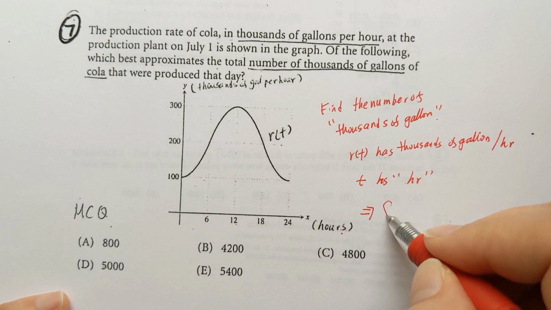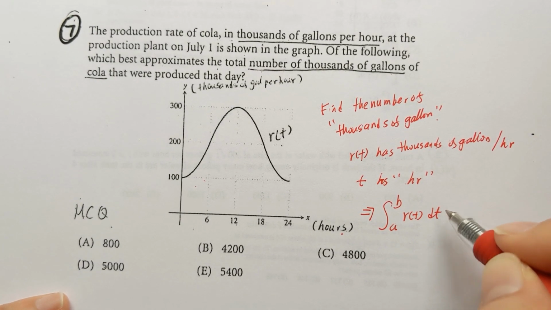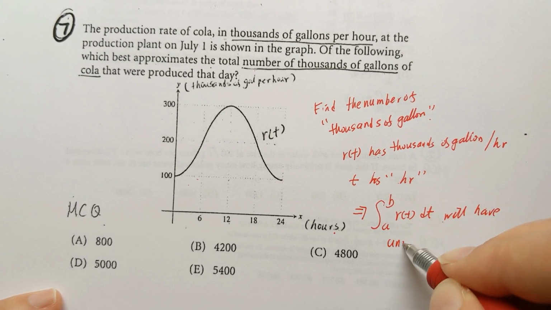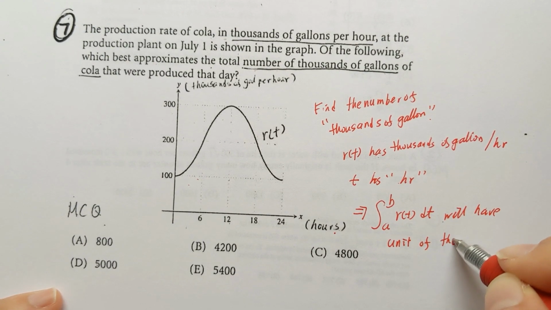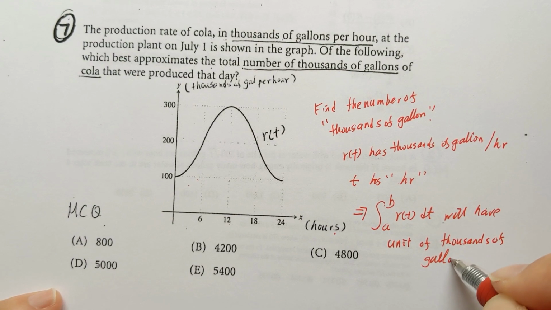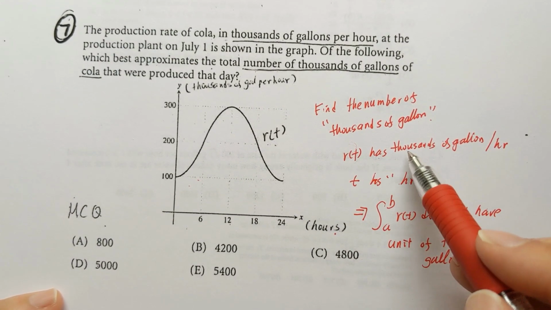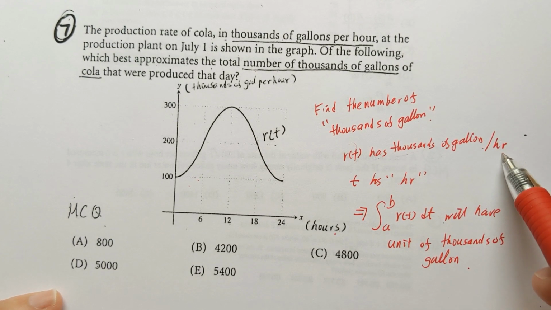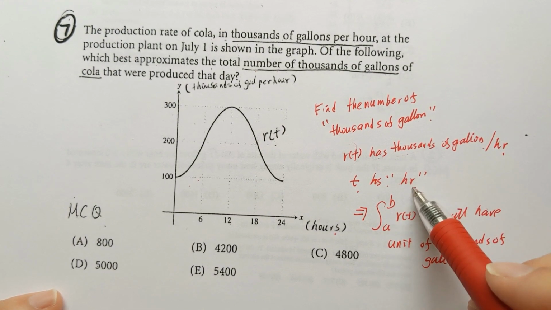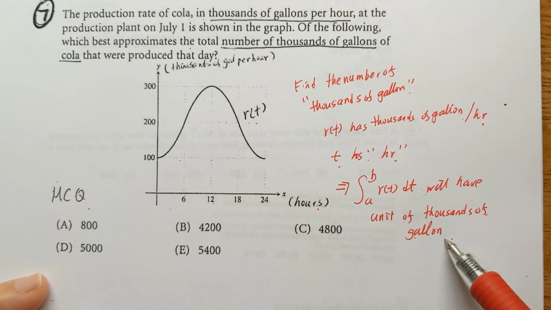So that means the integral from a to b of R(t) dt will have the unit of thousands of gallons. One more time, R(t) has a unit of thousands of gallons per hour, and t has a unit of hour, and this cancels to give us exactly thousands of gallons.